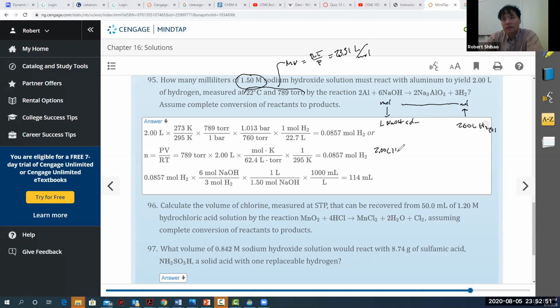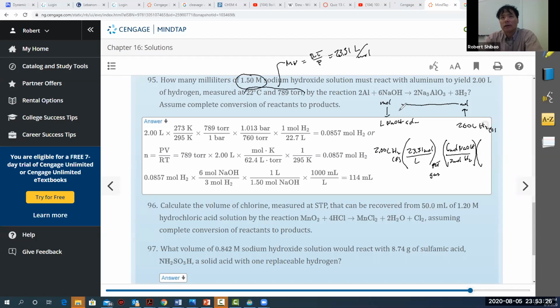2.00 liters of hydrogen gas. And then we have the molar volume here that we just calculated. And so we have 23.31 moles of gas per liter of gas. This is for gas at RT. And so that gives us moles of hydrogen gas. And then the mole ratio here, 6 moles of pure sodium hydroxide per 3 moles of hydrogen gas.